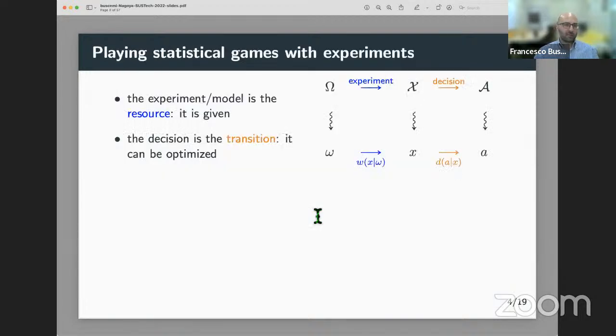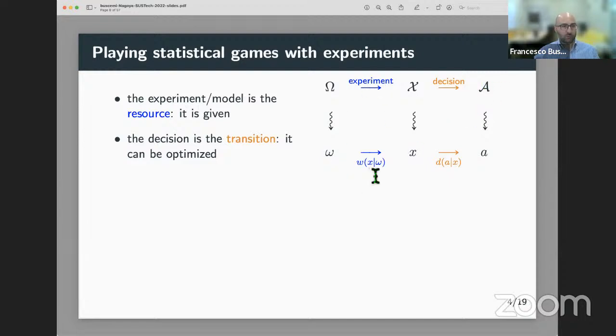So how do you play statistical games with statistical experiments? The idea is that the experiment, the statistical model, is a resource. It is given, okay? You can imagine it's a kind of tool that you have to spy on nature in order to have an informed decision about which action you should undertake later on.